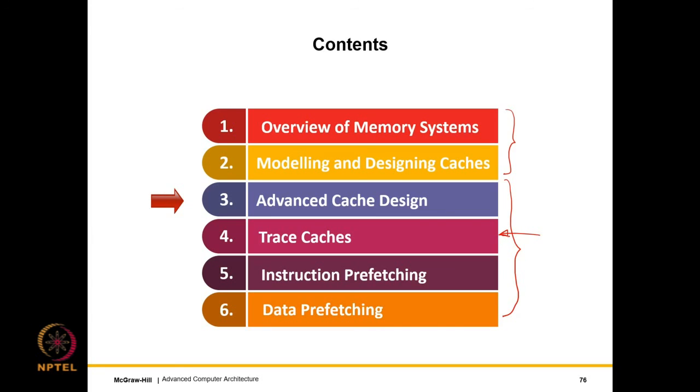It's not that new, but at least it's a non-trivial and novel idea which has been adapted in many different settings. And finally, we will discuss prefetching. So next we will get into advanced aspects of cache design and discuss the 6 or 7 most common advanced optimizations.